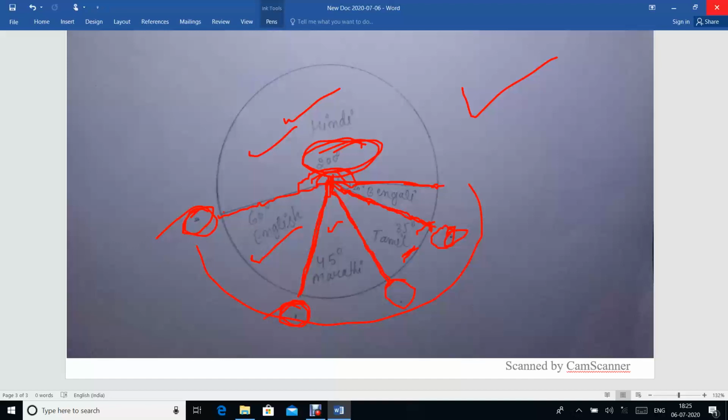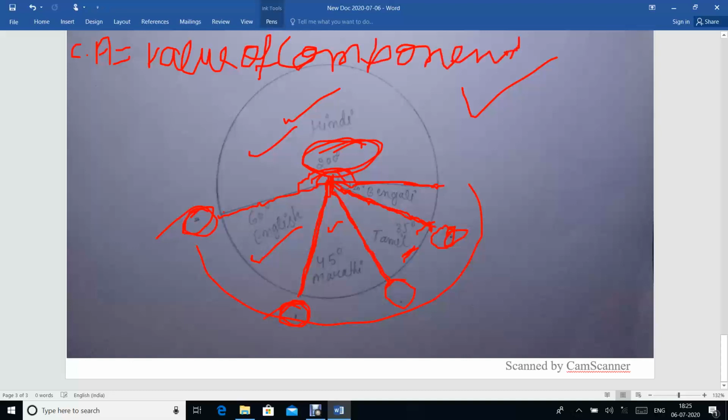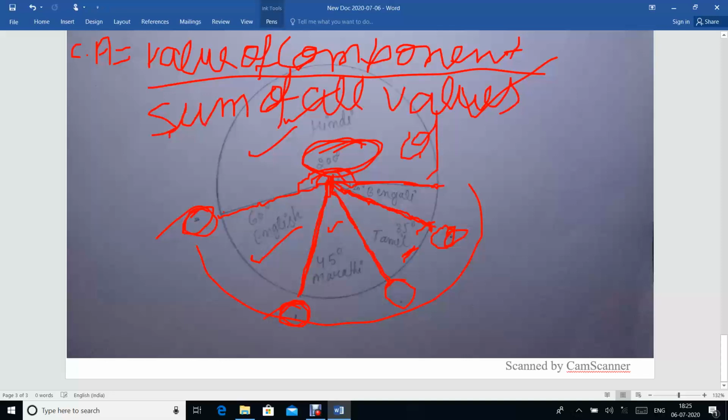When we want to draw the pie chart, firstly we have to find the central angle of the component, and for this we have the formula: value of component divided by sum of all values of components, multiplied by 360 degrees.